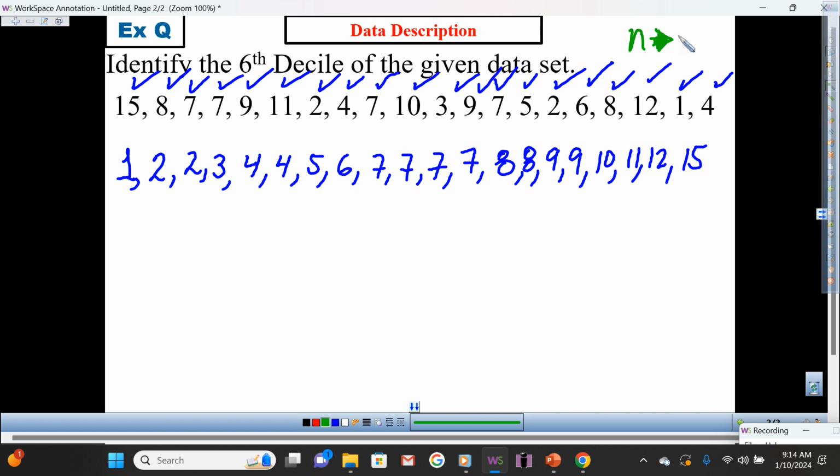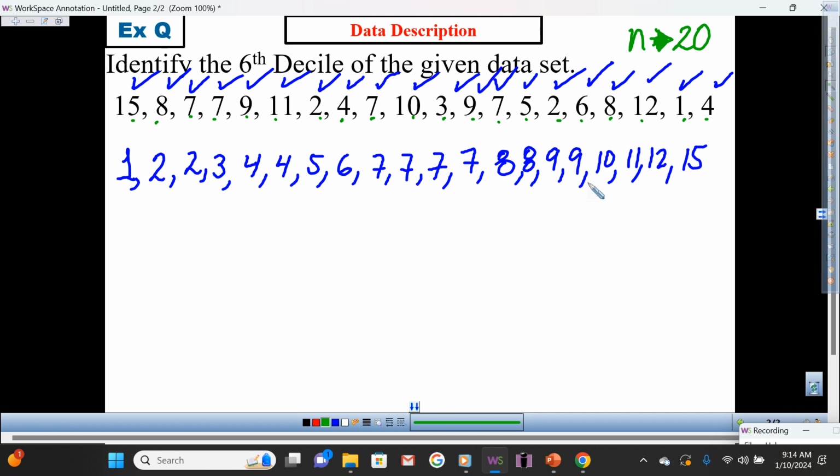Let's see. 1, 2, 3, 4, 5, 6, 7, 8, 9, 10, 11, 12, 13, 14, 15, 16, 17, 18, 19, 20. I mean, I like 23, Michael Jordan. But for right now, let's leave that right there.